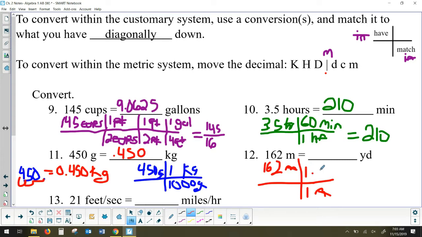is 1.094 yards. Multiply across the top. 162 times 1.094. Give you time to type that in your calculator.